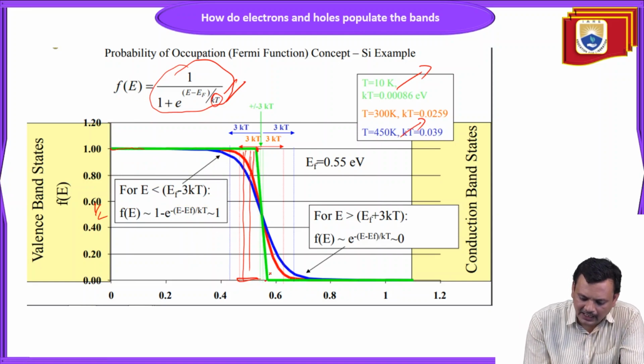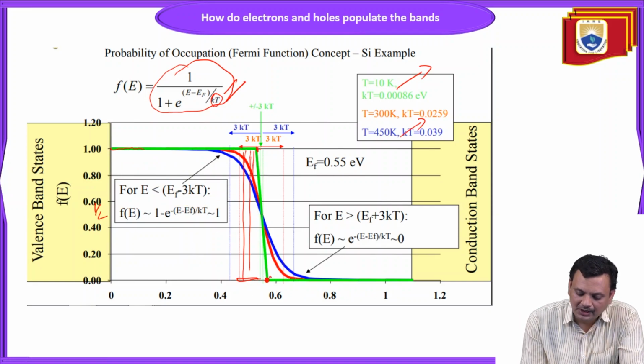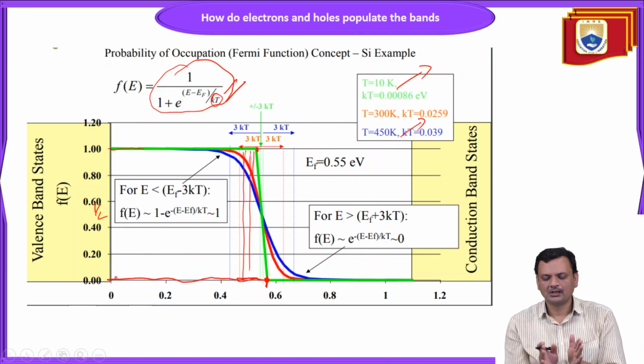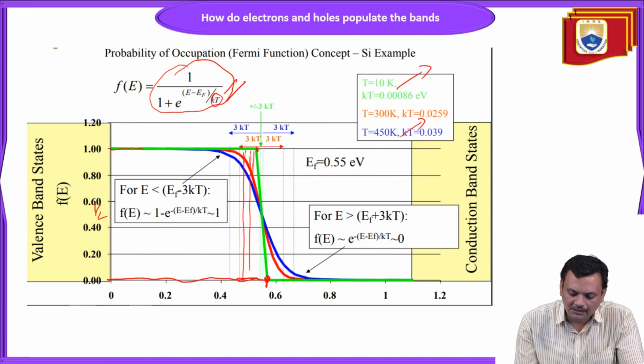Here you can say for T equal to 0 Kelvin and at this energy, the probability of being occupied is 0. Means there is no chance that the energy level will be occupied. But once you are increasing the temperature, what happens? See, some smearing happens at this energy value.